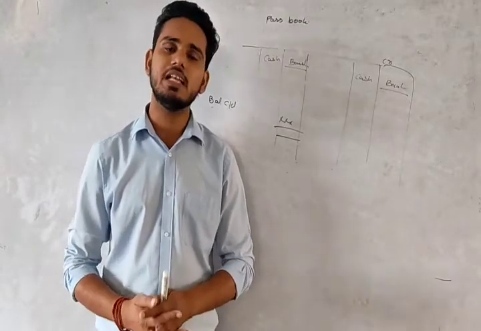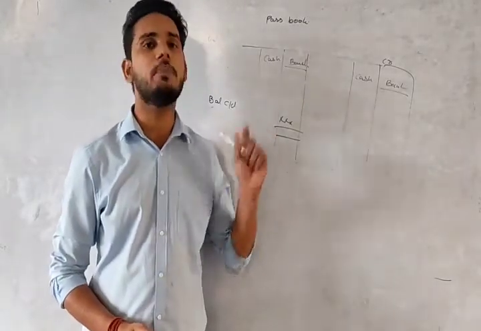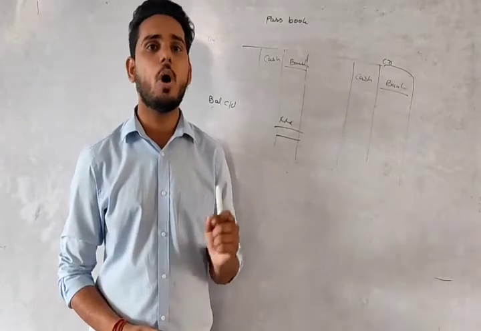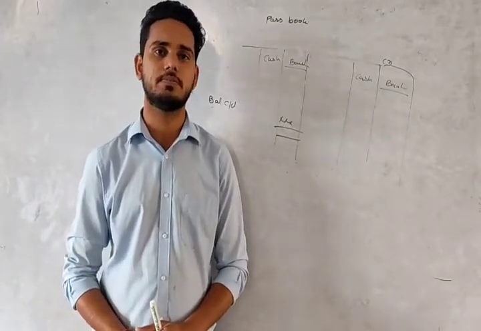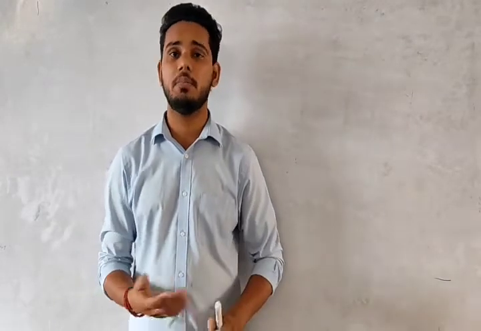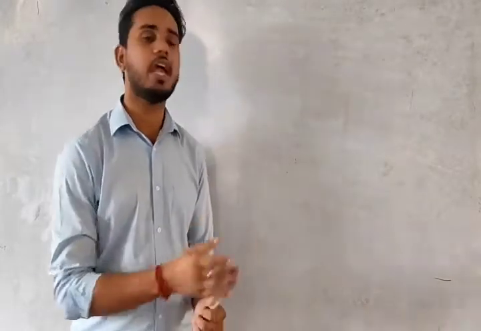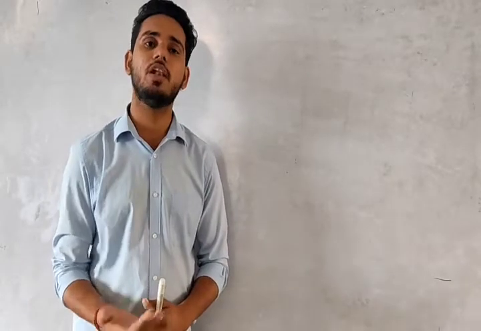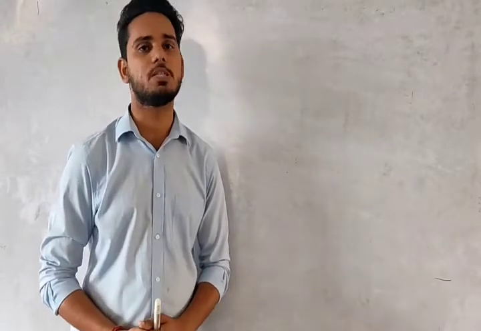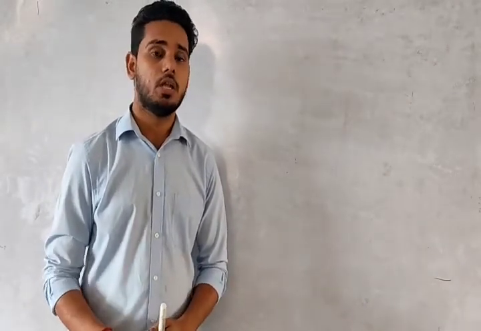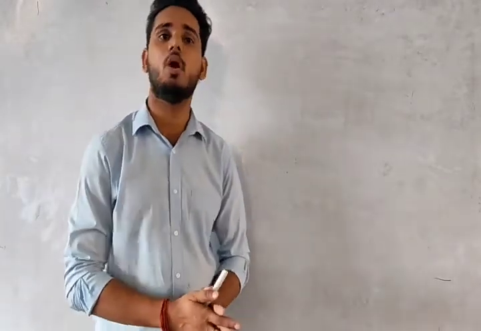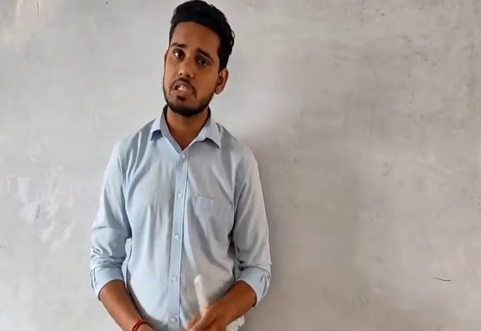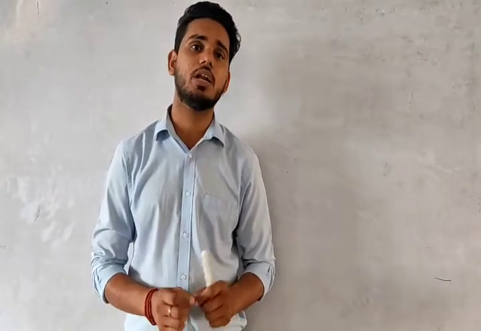So technically we can say that our cash book bank column balance will always be equal to the passbook balance. Due to some reason, sometimes it happens that our cash book bank column balance does not match with the passbook balance. There can be many reasons because of which our cash book will not match with the passbook, but we will talk about those reasons later.